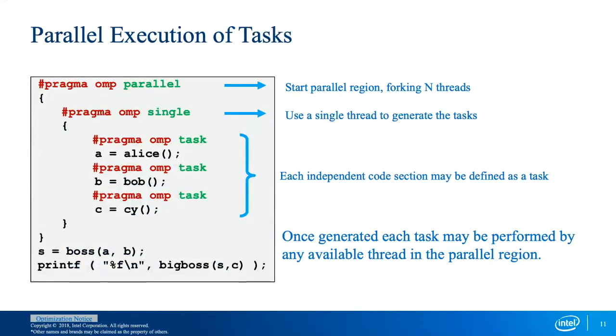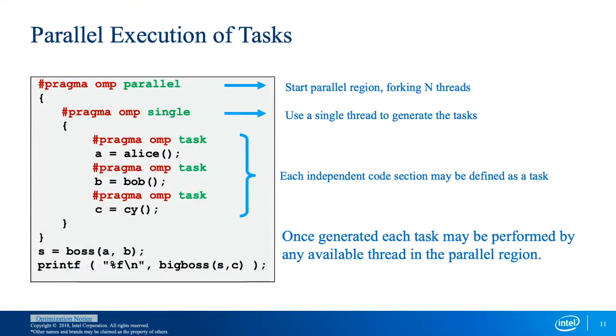So how do we execute parallel tasks? How do we even define or generate them? Typically, you're going to have your code inside an OpenMP parallel section that will generate some threads that now can execute tasks. Inside there, you're going to have a pragma omp single in most cases, which means that a single thread is going to be taking care of the task generation. And inside that single region, you're going to have your omp task generation. What you can see in the example is that each of these Alice, Bob, Cy, and so on tasks have been generated inside the single region.